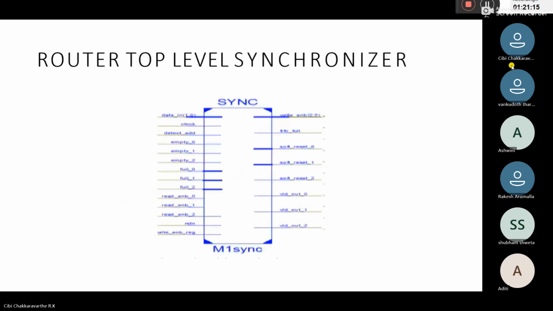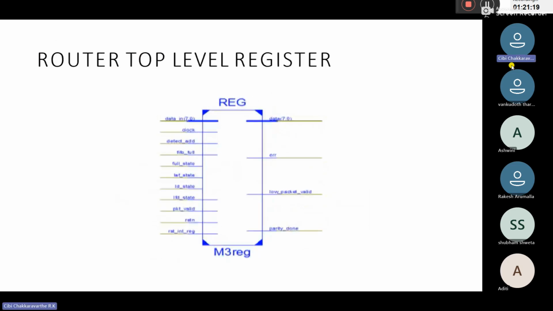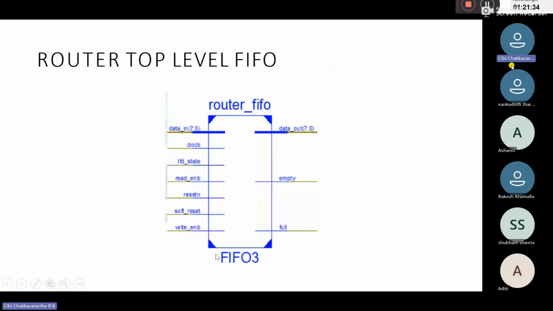Then we have valid out here. Everything is for synchronizing purpose only. Then finally the register. We have 8 bits because it is going to pass the actual data to the FIFO, and the FIFO also has 8 bits.